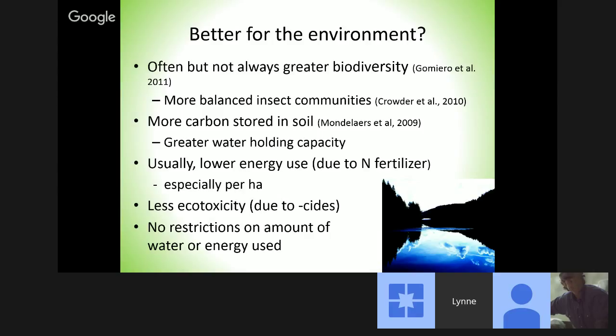And there have been studies on total energy use, and as I mentioned, total energy use is usually lower on a per hectare basis or a per acre basis, though not necessarily on a per unit of production basis. So, for instance, not necessarily per bushel of wheat produced.